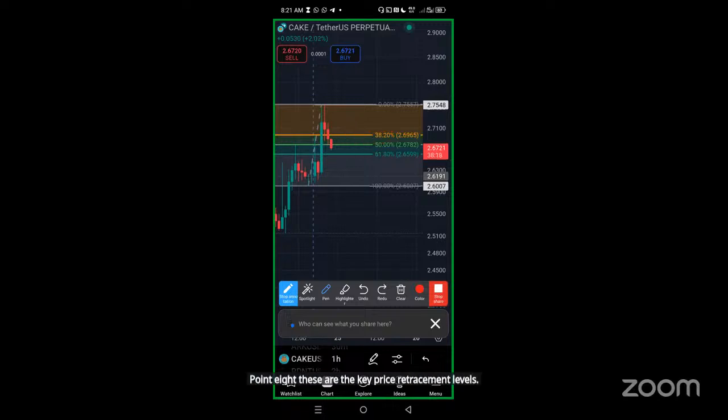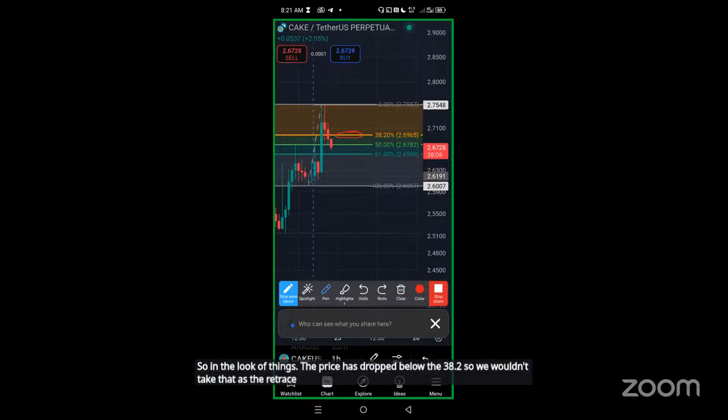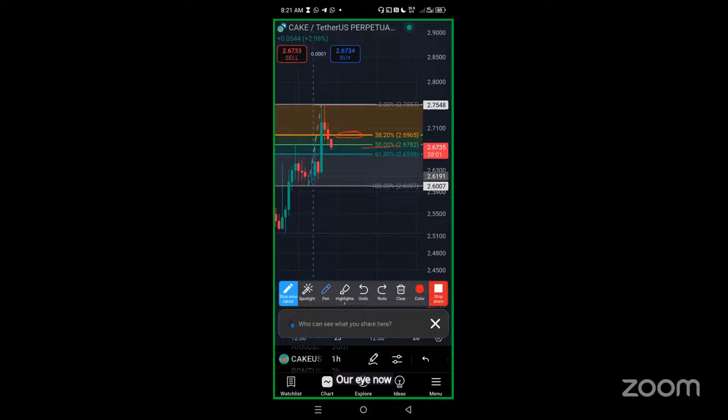So in the look of things, the price has dropped below the 38.2. So we wouldn't take that as the retracement level at the moment because the price has dropped below it. Our eye now is at this 50% fib level, or the space between the 50 and 61.8, or even 61.8.